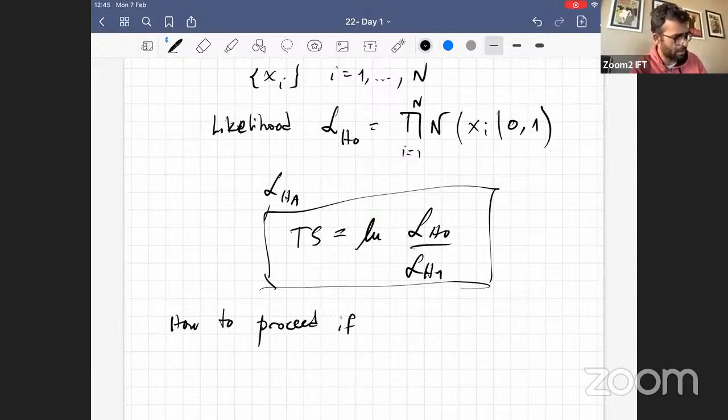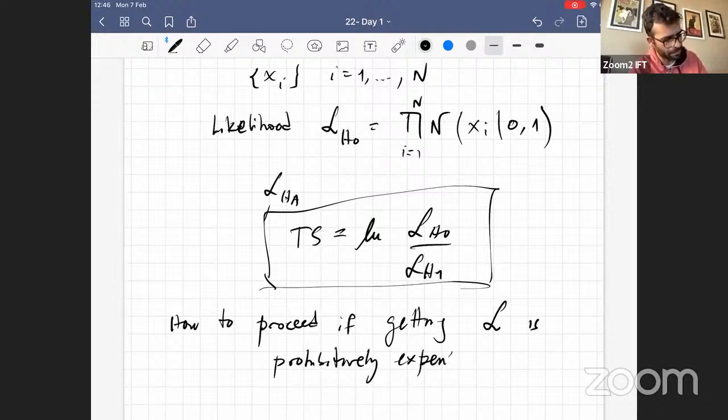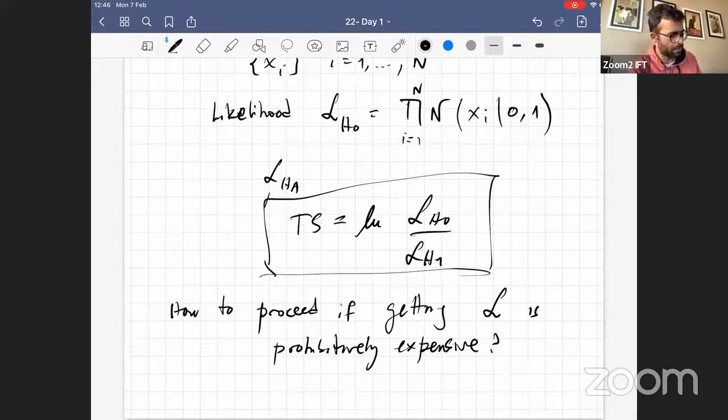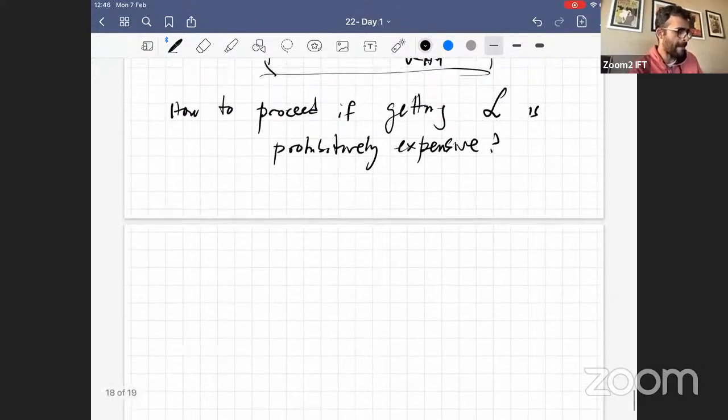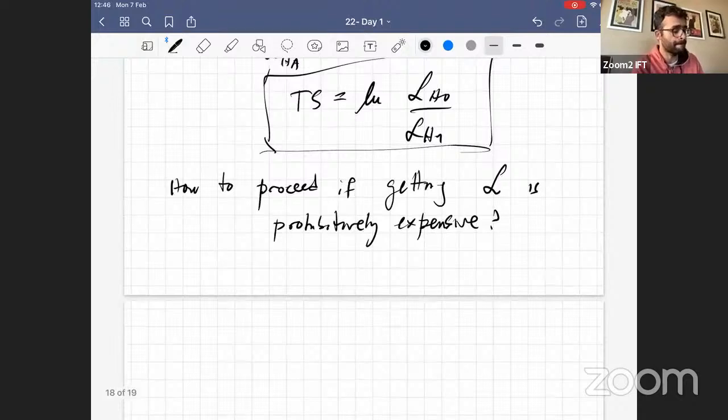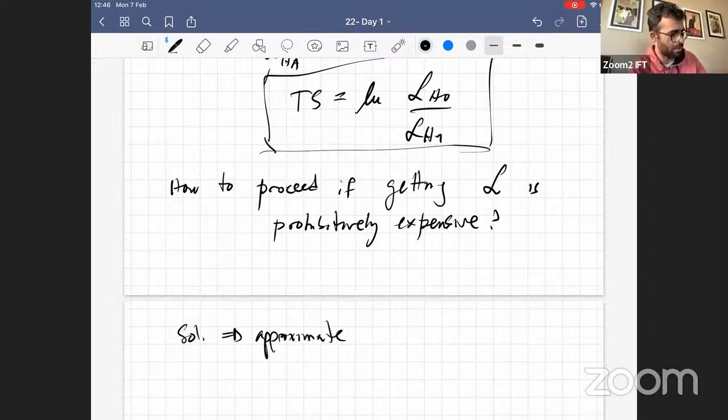If getting the form of the likelihood is prohibitive, very expensive, then what people do is to approximate. So the solution here is you approximate your TS.